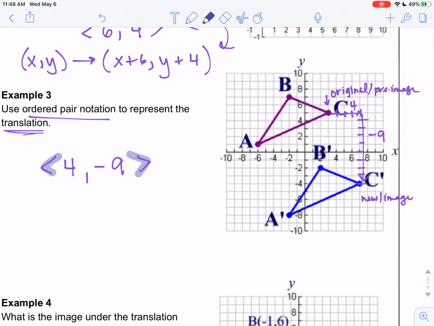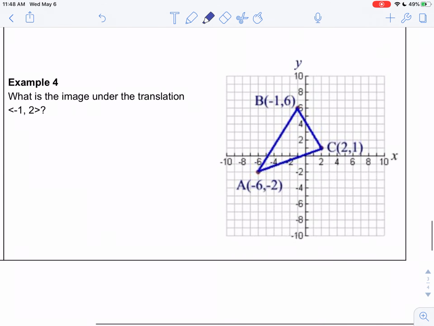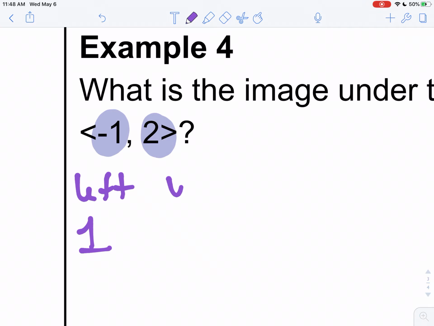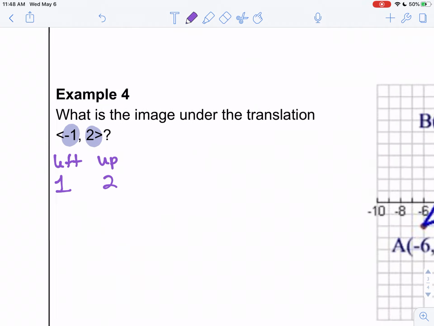All right, one more. It says, what is the image under the translation <-1, 2>? We are in ordered pair notation or vector notation. This -1 means we are going to move to the left 1 unit. This +2 means we are going to move up 2 units.